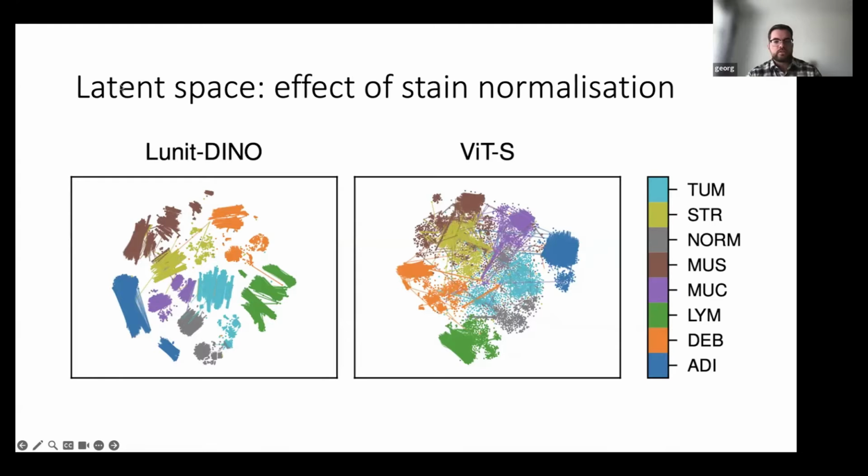I'll just start with this slide again. Okay, so yeah, we were visualizing the latent space, and the way that we do this is, here I'm comparing Lunit-Dino on the left, which is one of the best feature extractors that we found, and VITS, which is the same deep neural network architecture, just pre-trained on ImageNet instead of the pathology weights, basically.